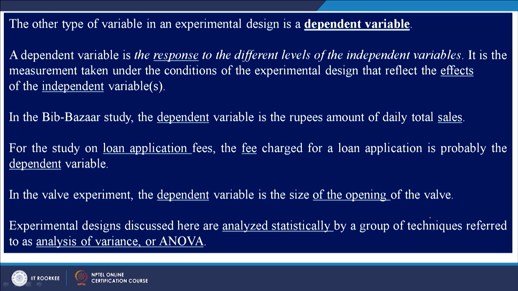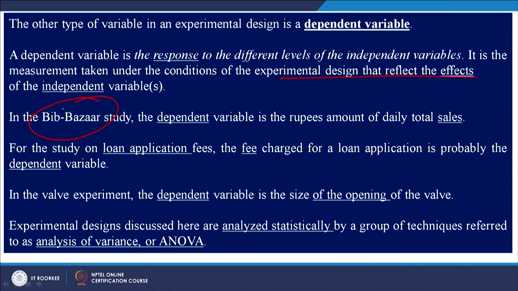It is the measurement taken under the conditions of experimental design that reflects the effect of the independent variable. Taking the same example once again, profit is the response variable or dependent variable, and R&D investment is the independent variable, also known as a factor. In the Big Bazaar example, the dependent variable is the sales volume.